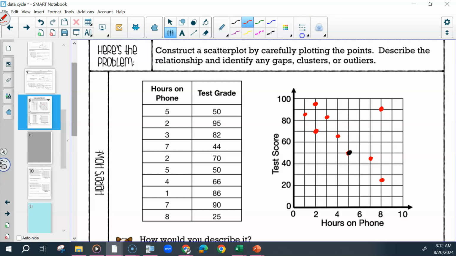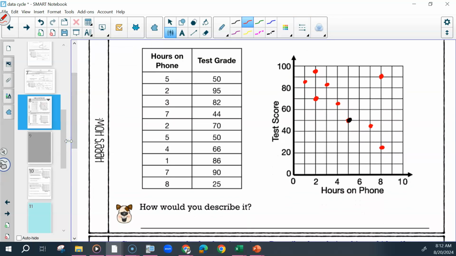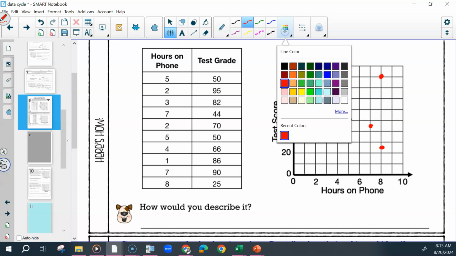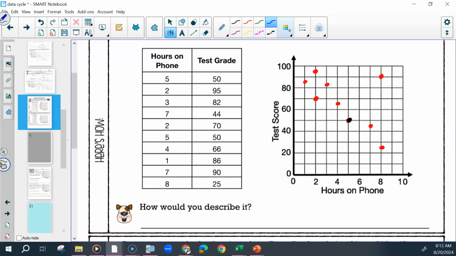Alright, so as I'm looking at this, and I want to describe it, I see that as the number of hours on the phone go up, the test scores are going down. So in that case, this would have a negative relationship. I'm going to say what I said first.